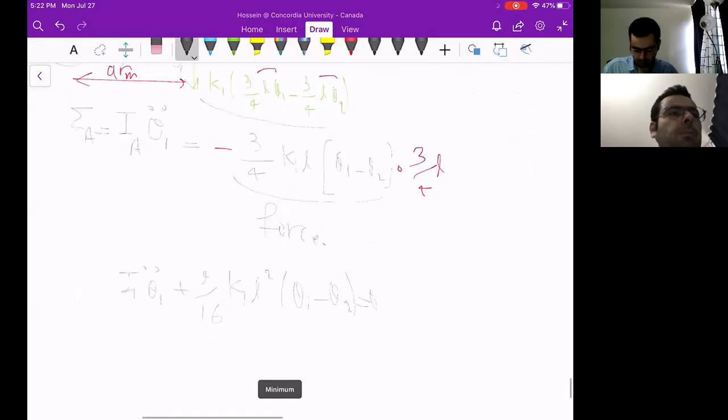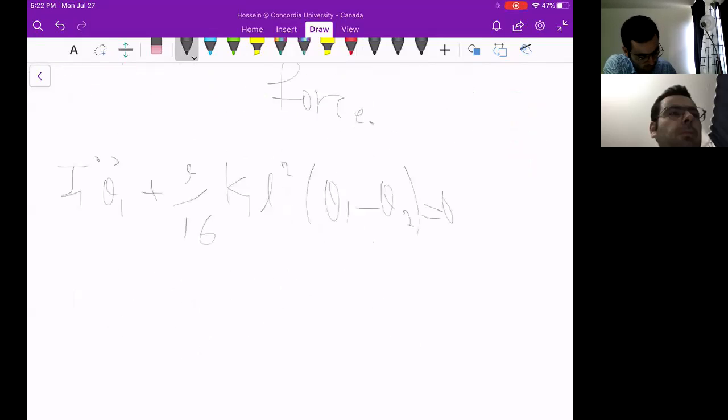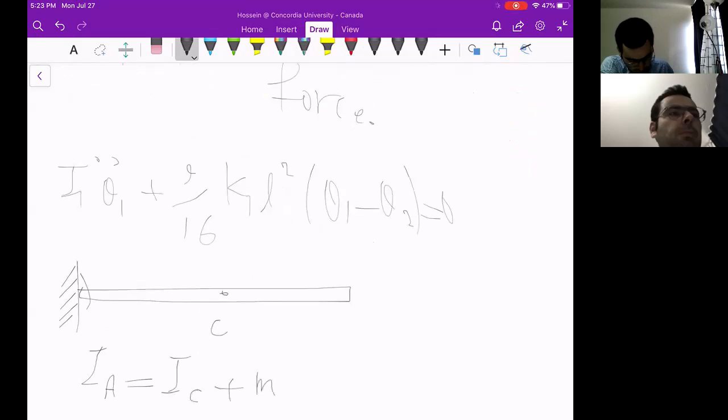And we know that I around point A is equal to I around point C plus M d squared, where d is this distance, on the basis of the parallel axis theorem.